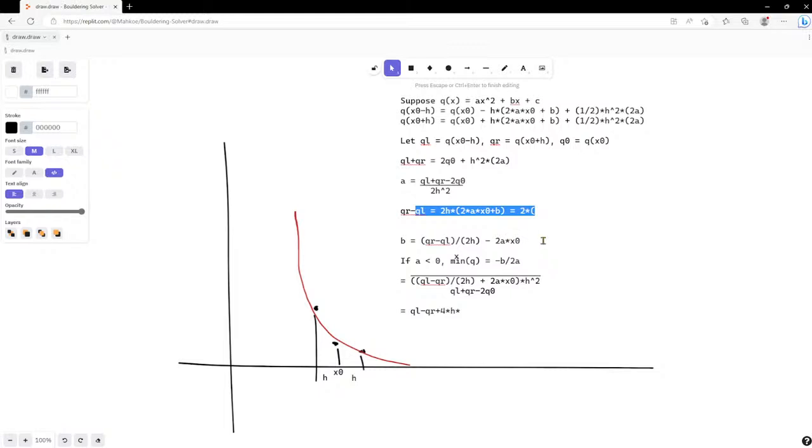I guess there's no choice but to just plug it in here, so let's just go ahead and do that. So I guess one of these 2's goes away, at least. And all that is divided by h squared, and we still have the plus b.